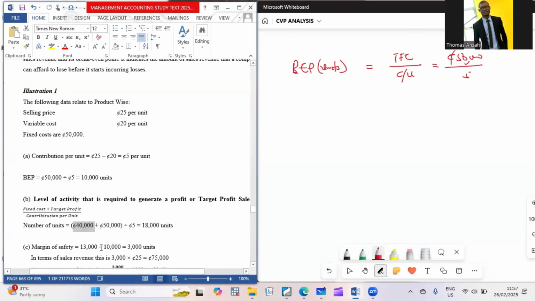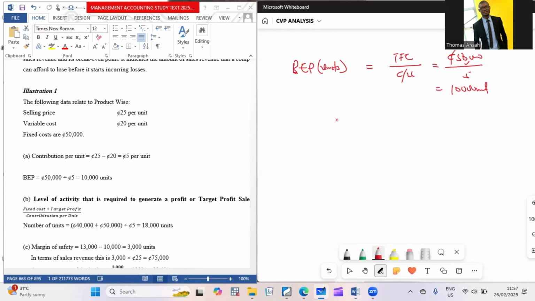Your margin of safety, we talked about it. If you remember the formula, margin of safety is the budgeted sales or your total sales, minus the break-even in units. The break-even is here, 10,000 units. So margin of safety will become your total budgeted sales.